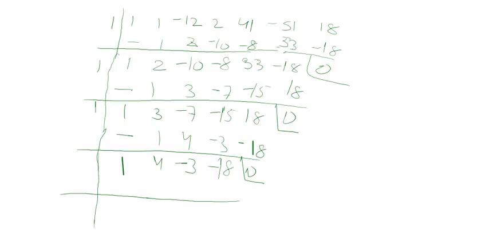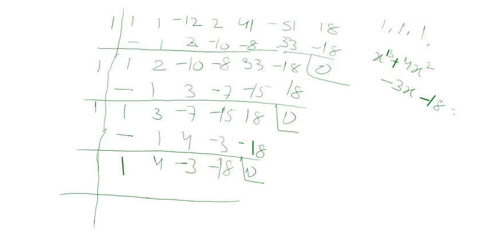So x equals 1 is repeating 3 times: 1, 1, 1. Now the remainder is x cube plus 4x square minus 3x minus 18.